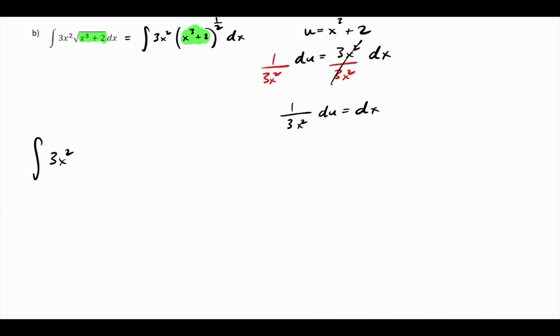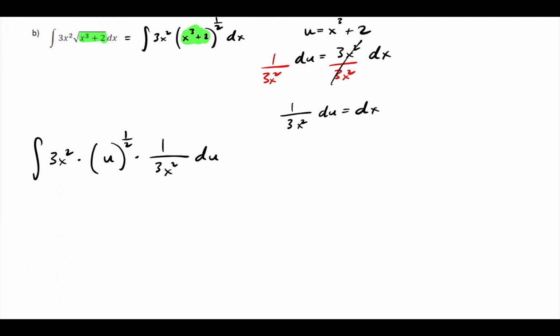So 3x squared times u to the 1/2 power times, instead of dx, I'm going to put 1 over 3x squared du. Okay.